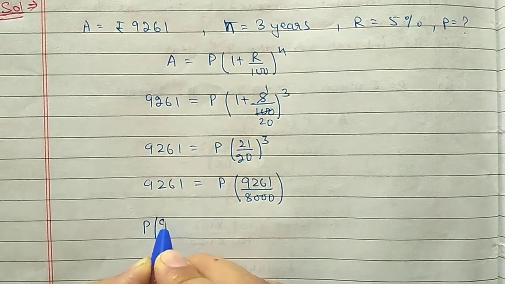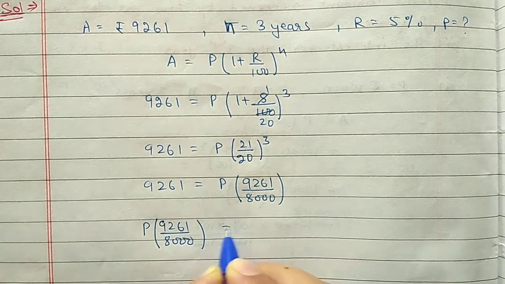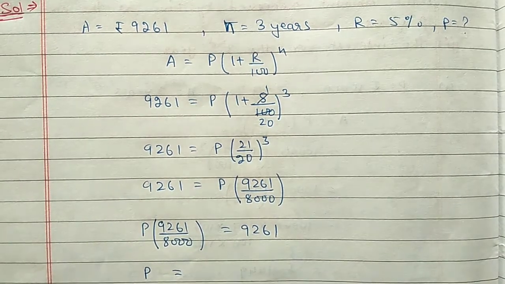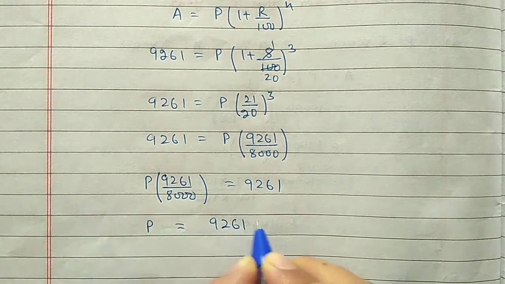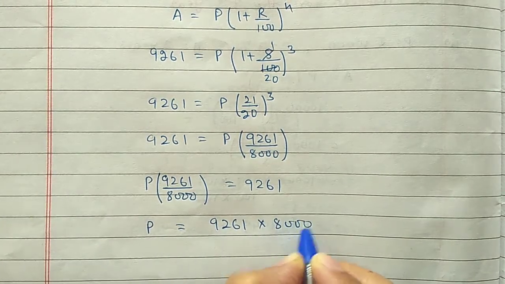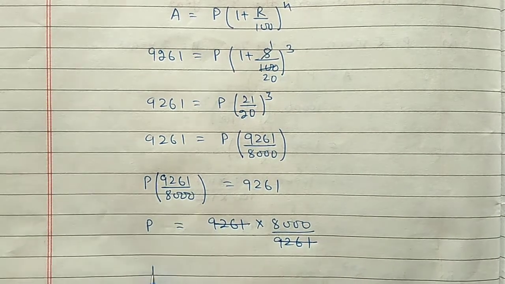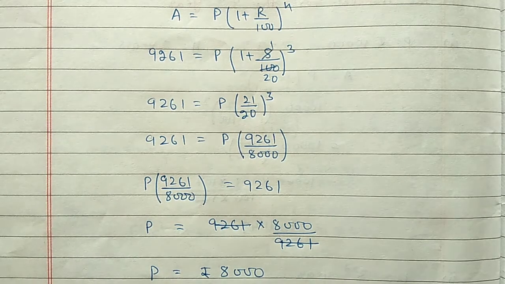P, 9261 by 8000 is equal to 9261, and P we will keep here, remaining numbers we can shift to the other side. So 9261 into 8000 by 9261. So this thing will cancel out. The principal money is 8000 rupees.